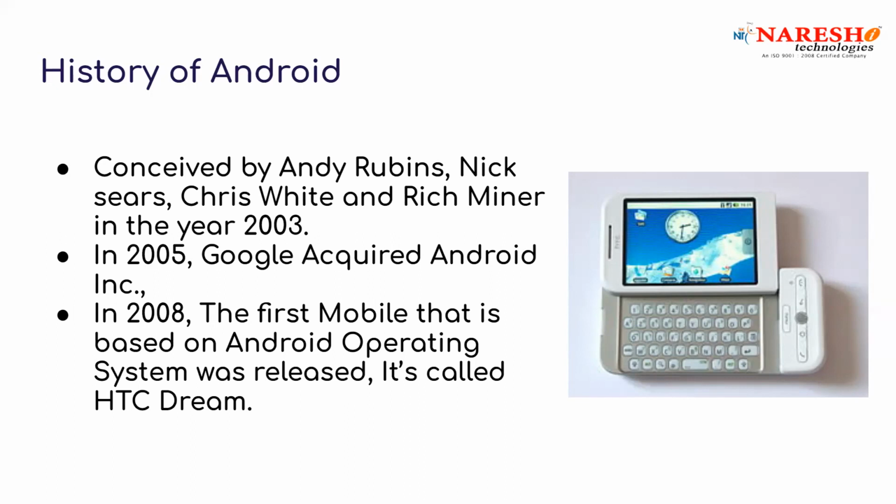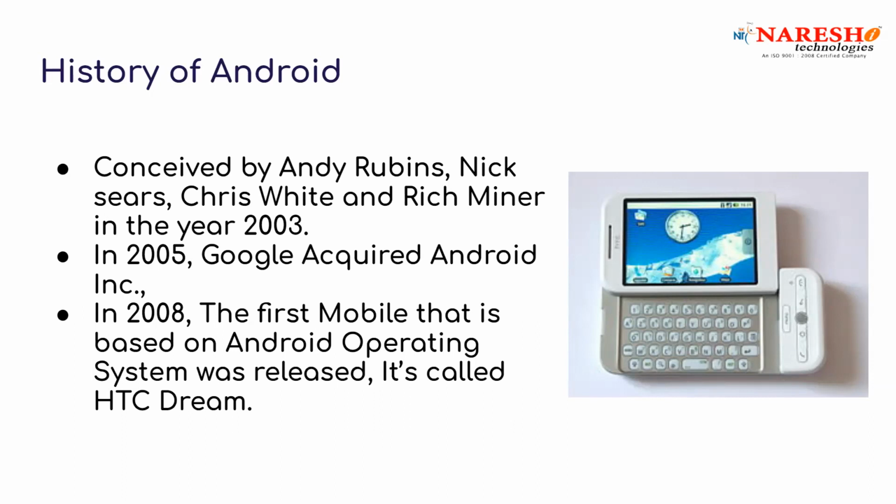They floated a company by the name Android Inc. in 2003 and started developing the operating system. Very soon, they realized that the digital camera market was not so big, so they would not be able to make enough money. That's the very reason they diverted their efforts into building an operating system for mobile phones instead of digital cameras.